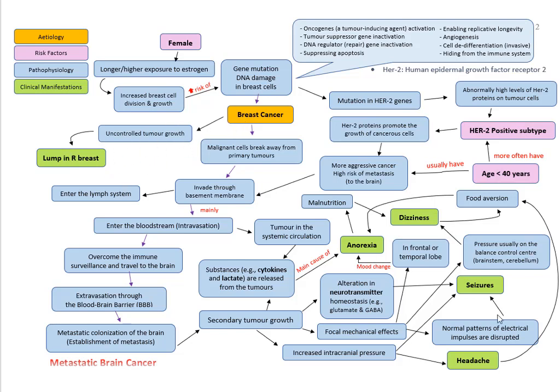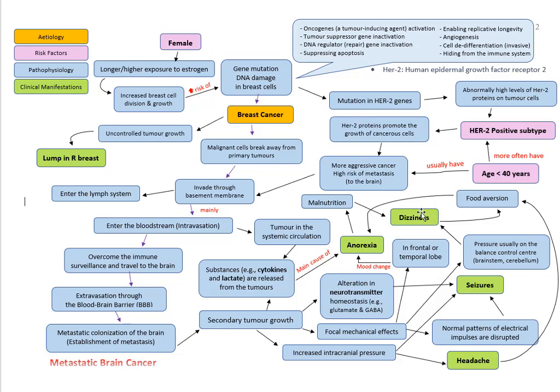In terms of the other four, the anorexia or loss of appetite was more associated with the tumours throughout the body producing particular chemicals, such as cytokines, which then have an effect on the appetite centre of the brain, which causes the loss of wanting to eat.